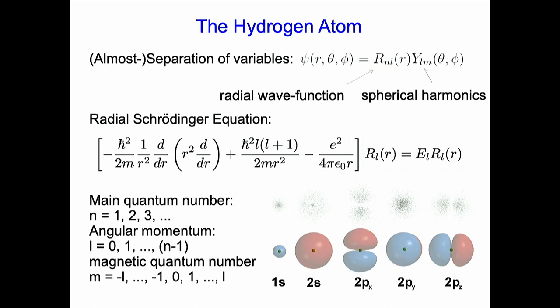Remember, we also have the centrifugal potential, L times L plus 1. It's kind of a repulsive potential that grows with the value of the angular momentum L. And then we have the attractive Coulomb potential.